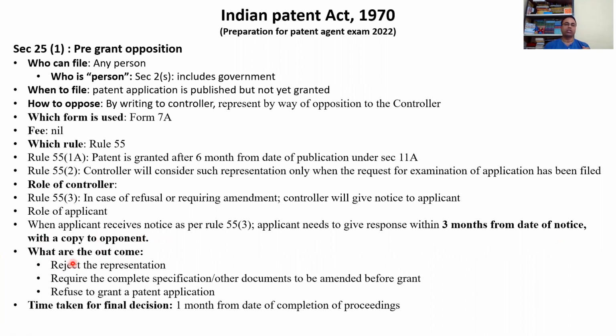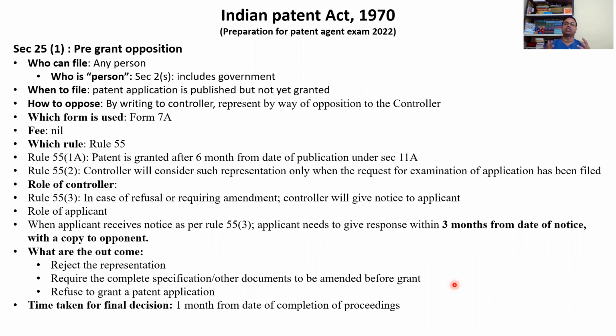And then what are the outcomes? It could be that the controller rejects the representation, meaning after discussion the controller says the representation is not valid. Or, if required, the specification can be amended before the grant.